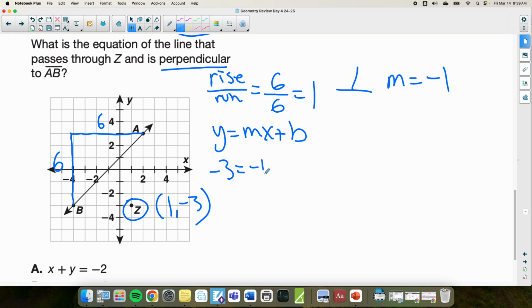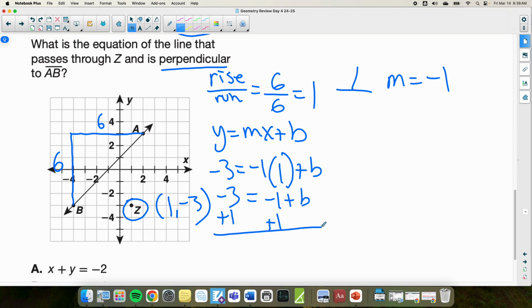M is -1. X is going to be 1, plus b, so it's -1 plus b equals -3. Alright, we're going to add the 1 over. -2 is going to be b.